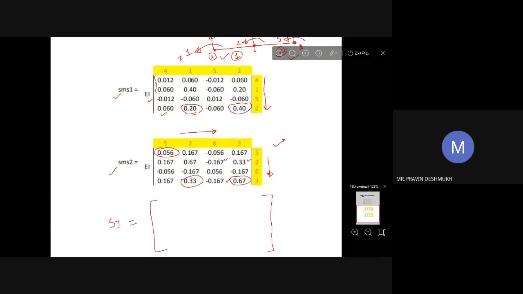What will be the size of the SJ matrix? Any one of you can tell me. 6 by 6, a 6 by 6 matrix.